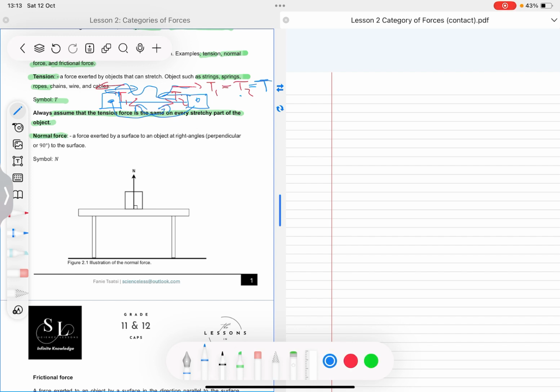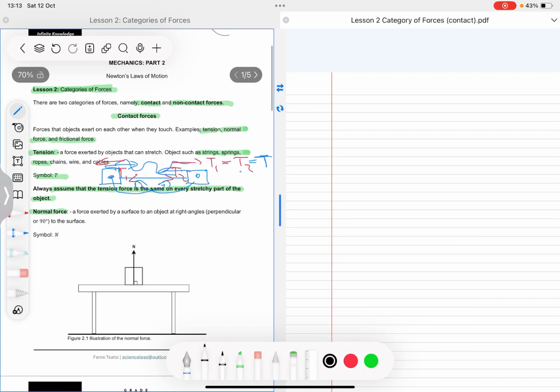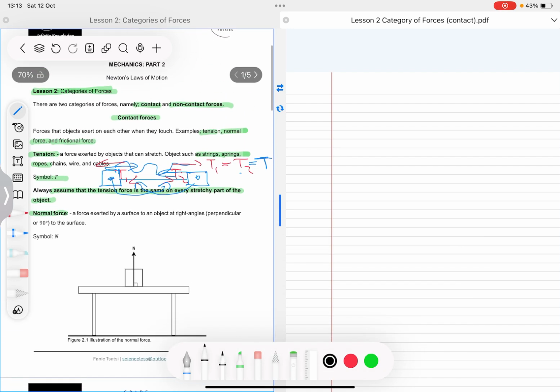Another force that we have that's a contact force is the normal force. Now I just want to talk a little bit about where the word normal comes from. The word normal in mathematics means 90 degrees, right? It means perpendicular, 90 degrees. Let me just write 90 here. When we say normal, oftentimes you'll be working with normal lines.